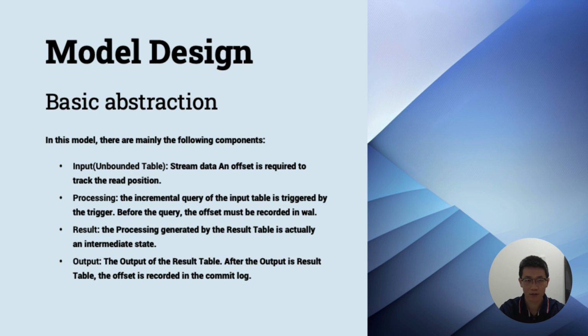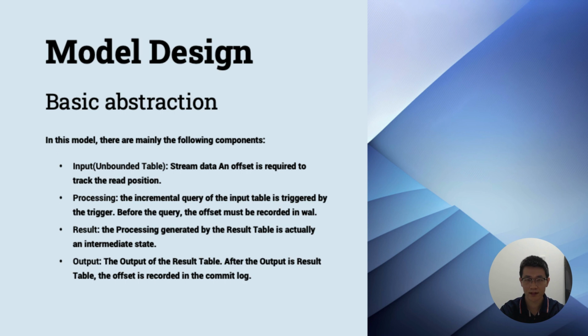Processing involves incremental queries of input. The processing is triggered periodically. Speaking of which, WAL, write-ahead log, is a key concept. Each time processing is triggered, the data and its offset are logged into the WAL.